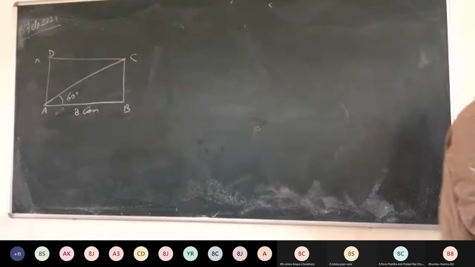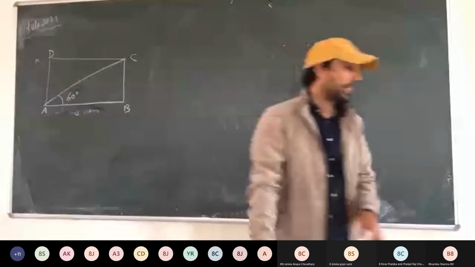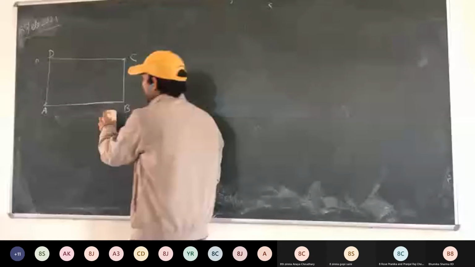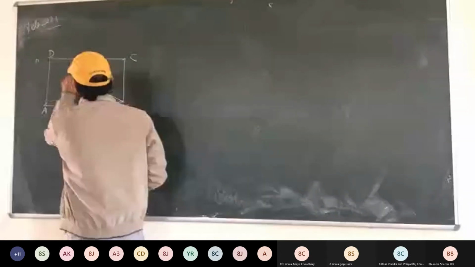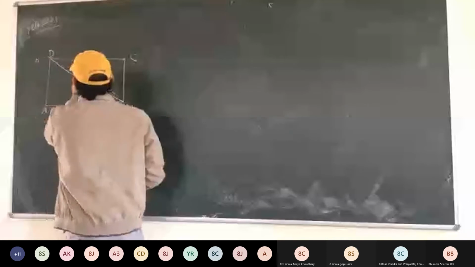BD is equal to 7 centimeters. This is given and the angle between the two diagonals is 60 degrees.